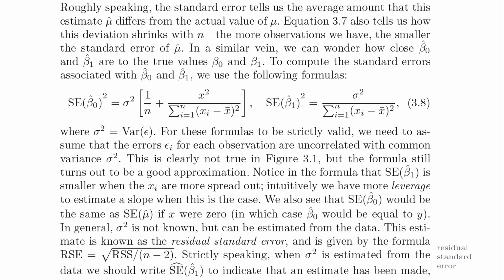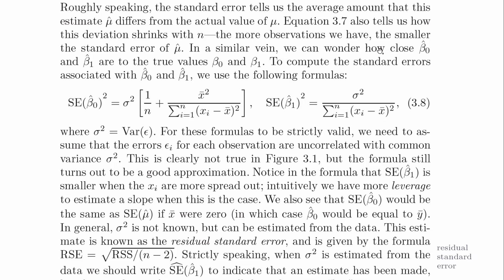The more observations we have, the smaller the standard error of mu hat. Okay, now, that's kind of like O-level statistics. Granted, we don't discuss that formula at O-level, but now we're going to go to the next step, and we're going to look at the error within our beta naught hat. If there's a hat, there's always an error, and beta 1 hat.